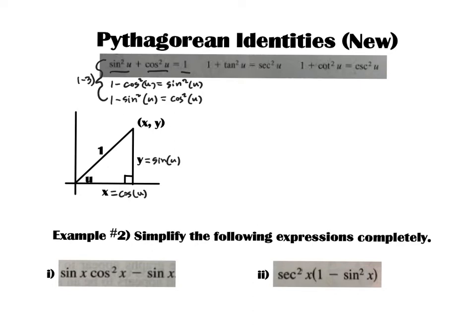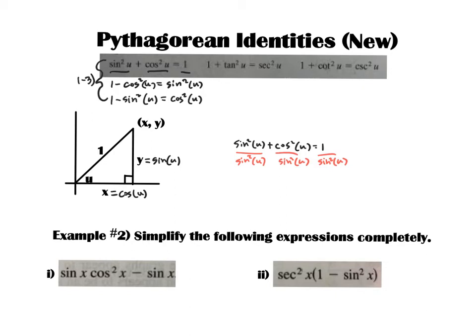Okay, now let's take sine squared plus cosine squared is equal to 1, and let's divide everything by sine squared. Let's see what happens here.